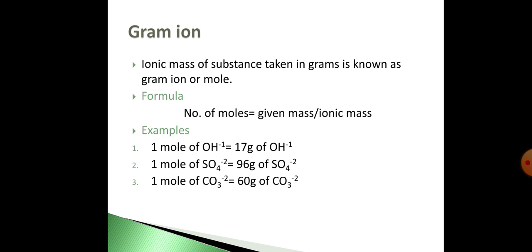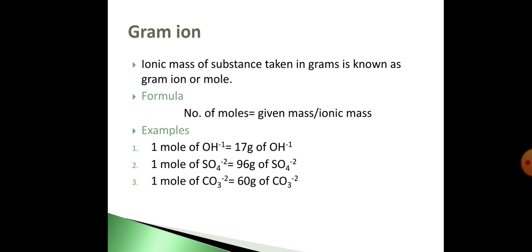For example, for 1 mole of hydroxyl ion we need 17 gram of hydroxyl ion. In the same way, for 1 mole of sulfate ion we need 96 gram of sulfate ion, because 96 gram is the ionic mass of sulfate ion.